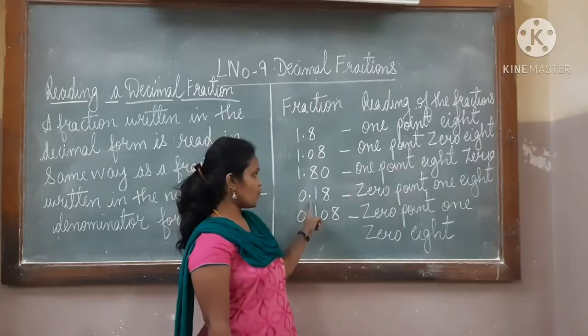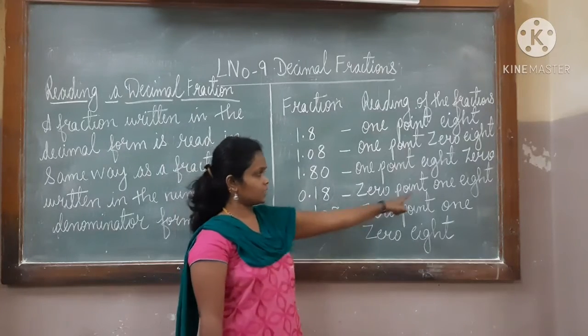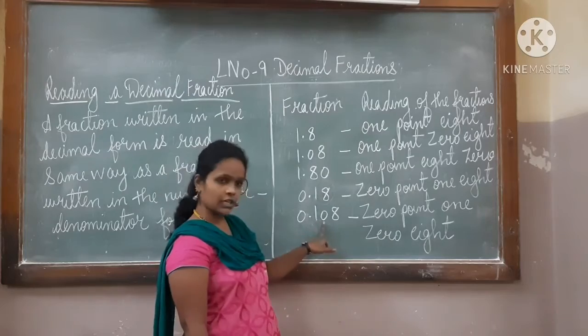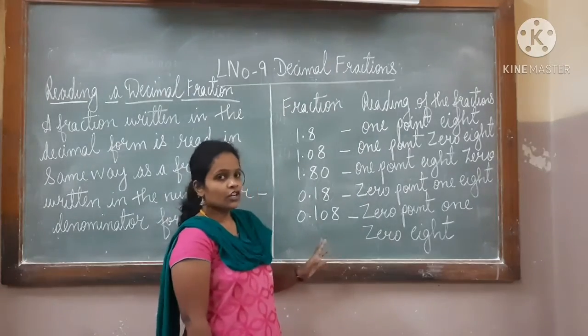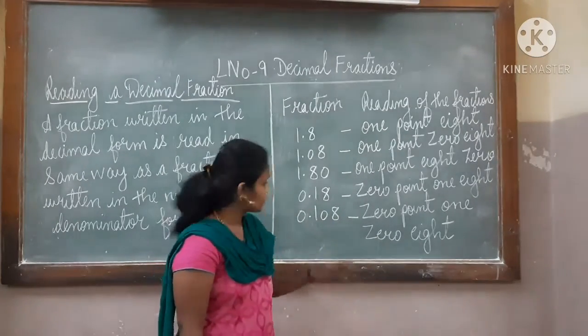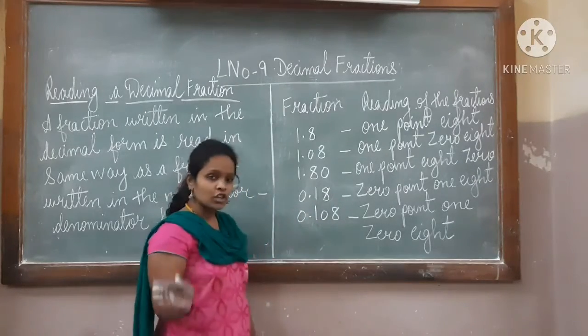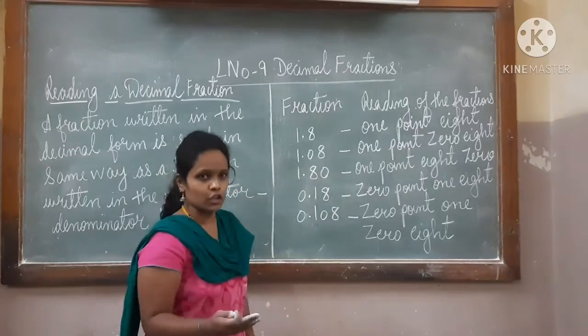Then 0.18. Then 0.108. Means we are not writing 0.108, 0.18. We are not supposed to write also in that way, nor we have to read also.